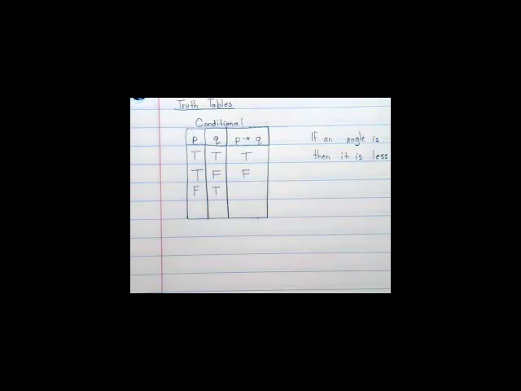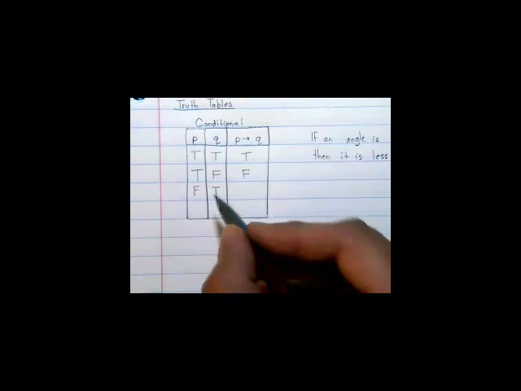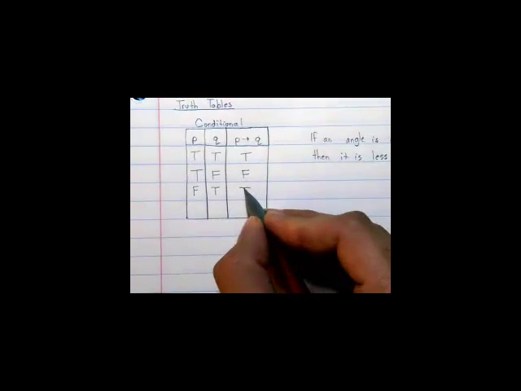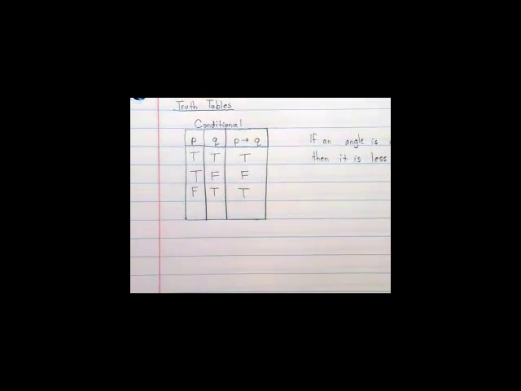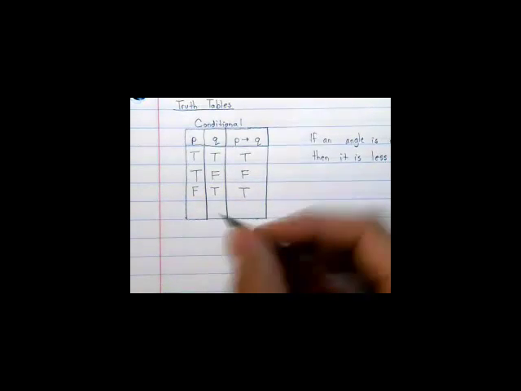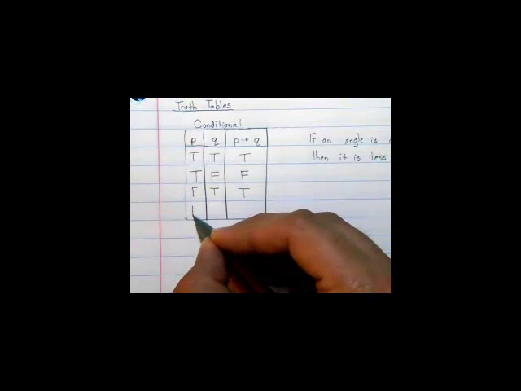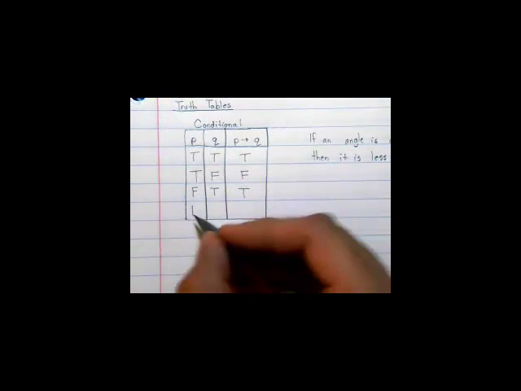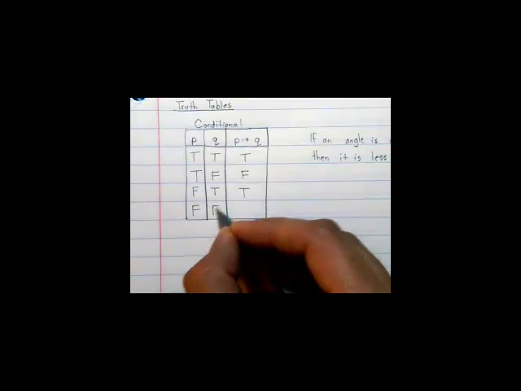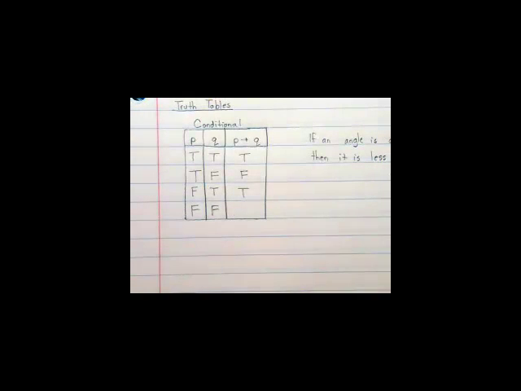Yeah, if it's 0 degrees. That can still be a true statement. It's just called a zero angle. You'll get a true. It's not acute, so it's not. That's true.